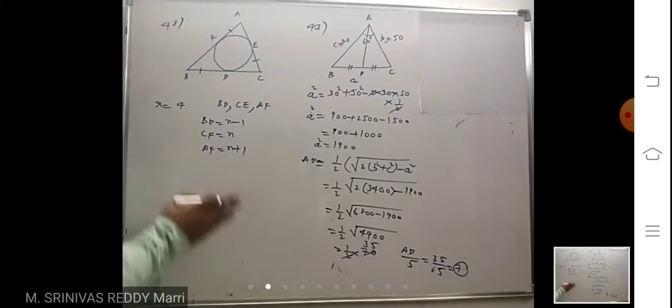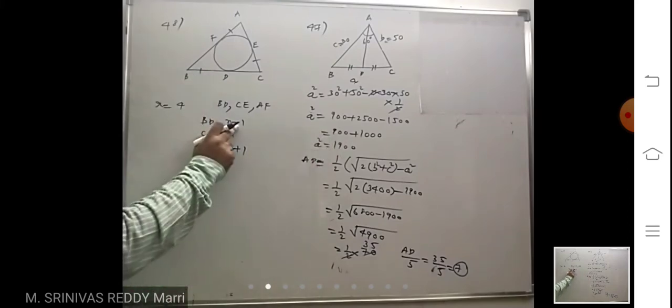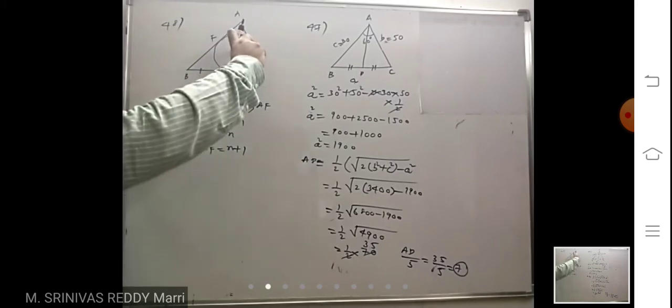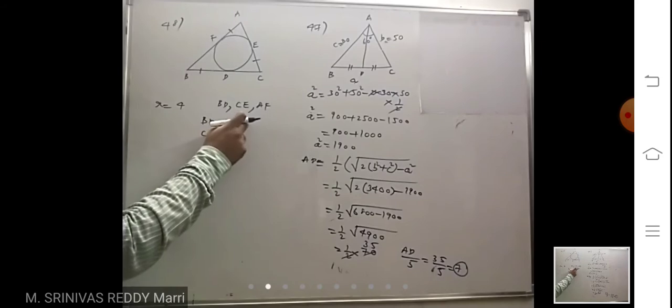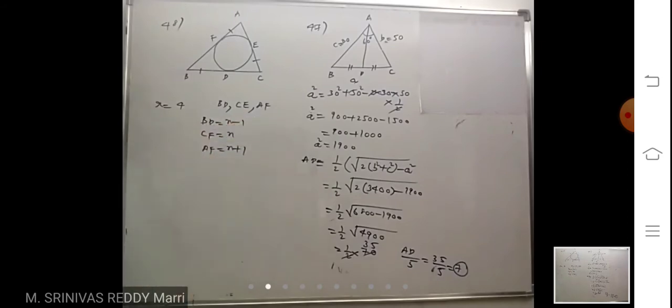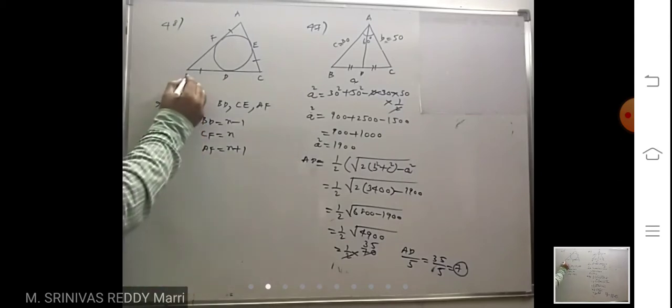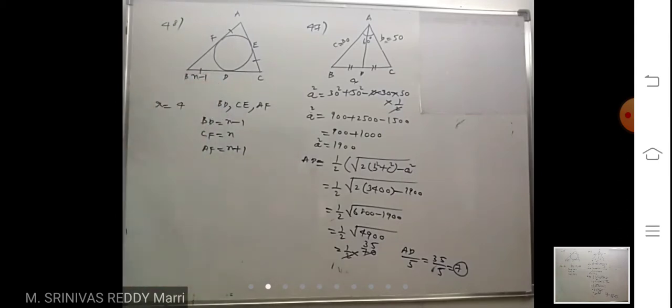Consecutive natural numbers means successive natural numbers. I have taken BD as n minus 1, CE as n, and AF as n plus 1. So BD is n minus 1.